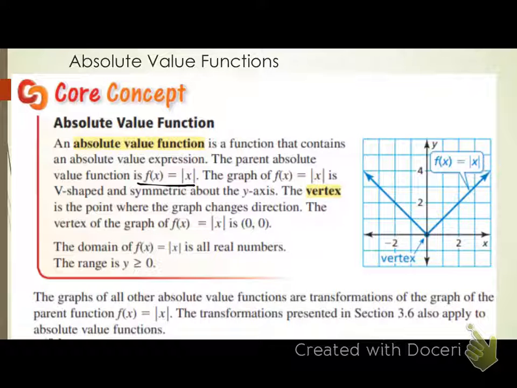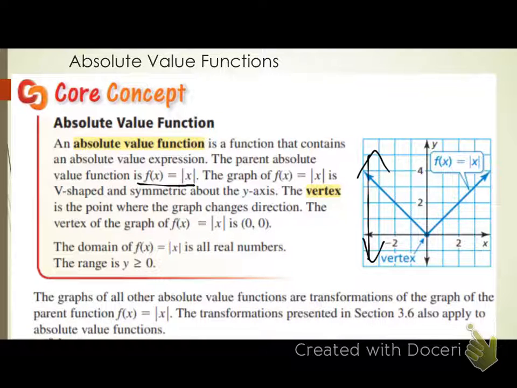The domain of my parent function is all real numbers, because if we look at it going from left to right, my graph's going to keep going on forever and ever to the left, on forever and ever to the right, correct? So that's why my domain is all real numbers. My range, we're looking at it going up and down. Do I have a lowest point?